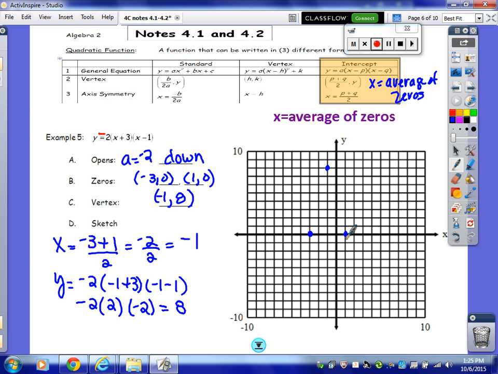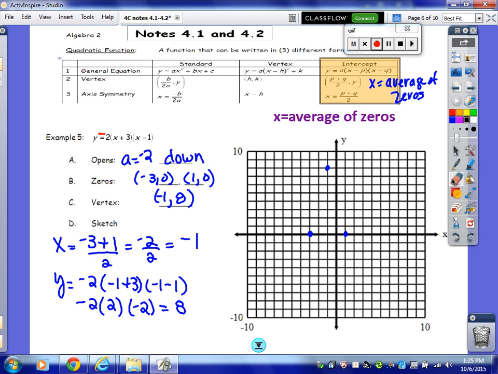And we've got 1, 0. All right, we have a couple of options here. We could use parent points again. Okay, we could find the y-intercept. That would give us another point. Or we could pick a value, plug it in for x, and find the corresponding y. So you have 3 options to get the 2 more points.